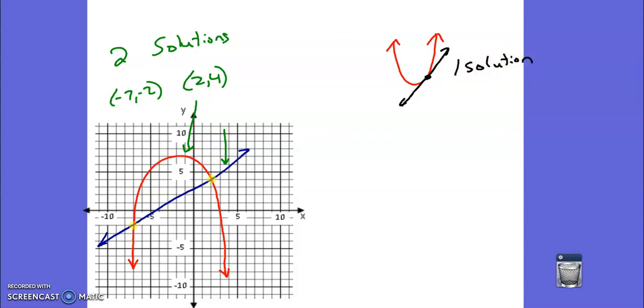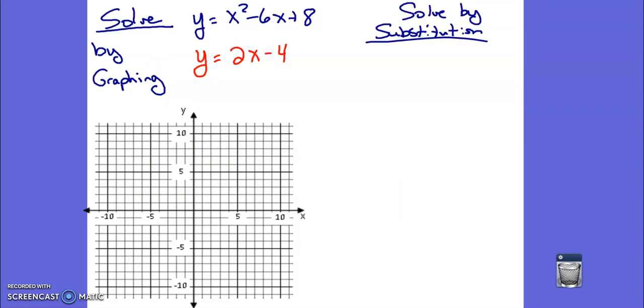And it's also possible when I graph a parabola and I graph a line that they may not intersect at all. So there are no solutions. So there's three possible scenarios: they intersect at 2 spots, they intersect at 1 spot, and they don't intersect at all. So let's look at our very first scenario here.